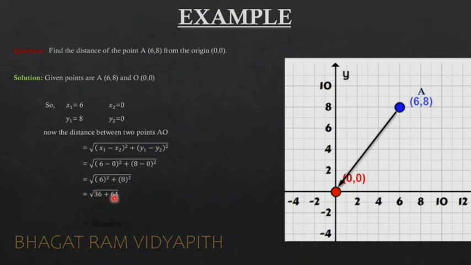The sum of both these numbers is 100, and root over 100 gives us 10 units. So the distance from A to O is equal to 10 units.